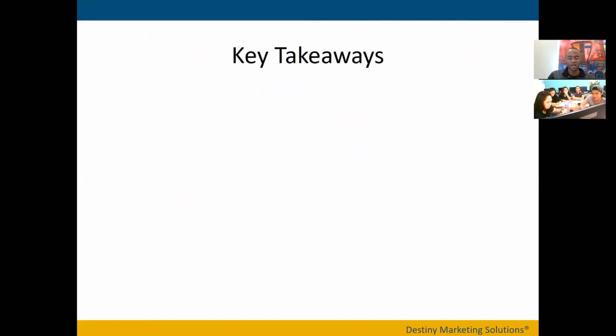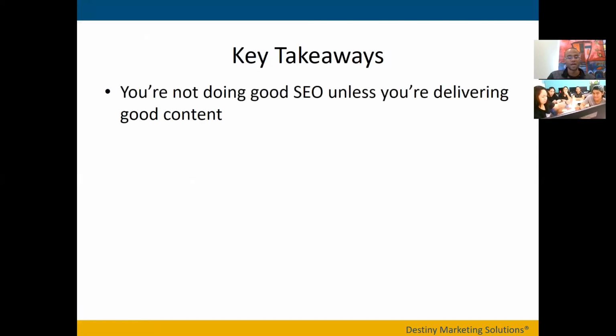So that covers the meat of the content for today's session, but just some key takeaways that I want you all to take from this. You're not doing good SEO unless you're delivering good content. There are rare exceptions where you can do some black hat SEO and rank a website really well without delivering good content.